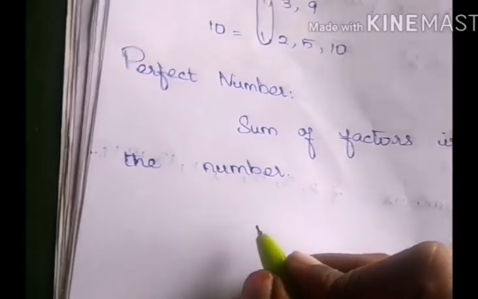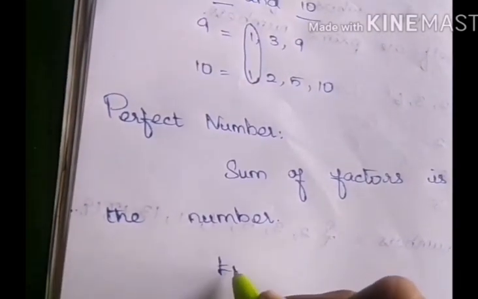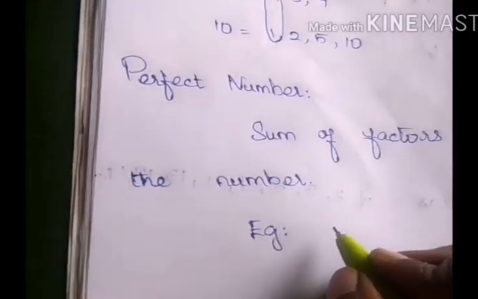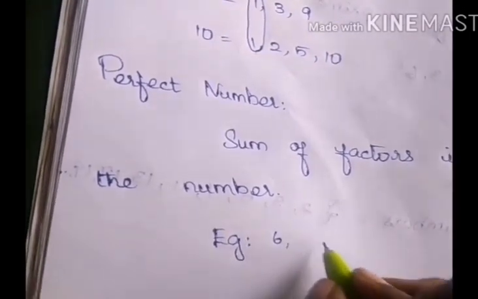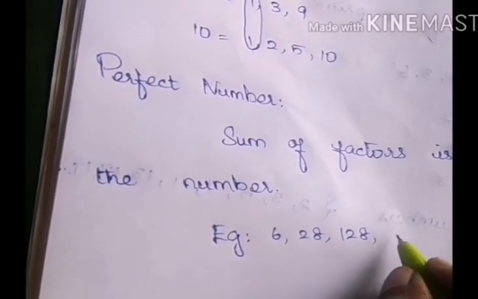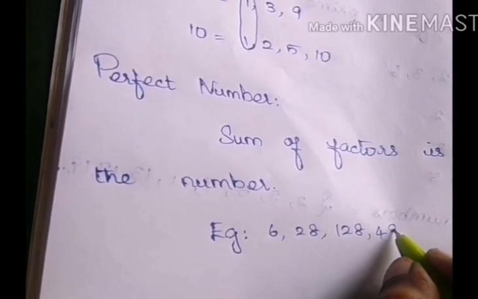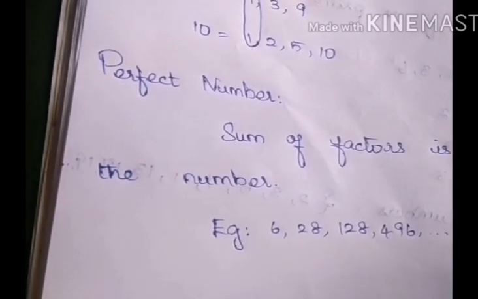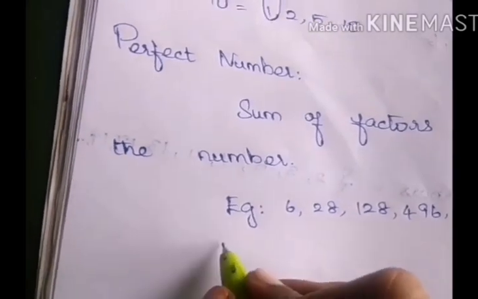There are only a few perfect numbers. They are 6, 28, 128, 496, etc. Let us check.